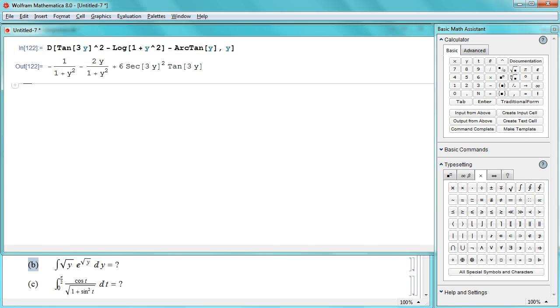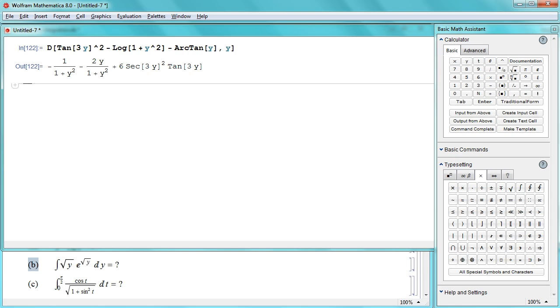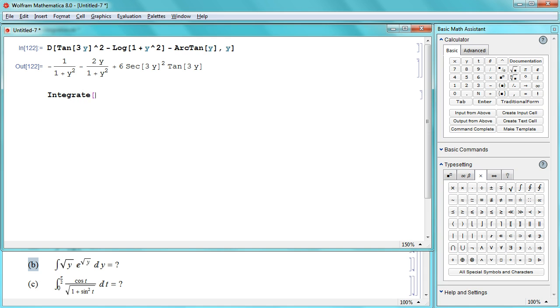Okay, here we go. We have this blank screen again, as if we just opened Mathematica and got this default screen. And let's type in the Mathematica command here, Integrate, and the square root of y times e to the square root of y comma y, specifying the variable, and run it by Shift Enter, and then we have an answer here.